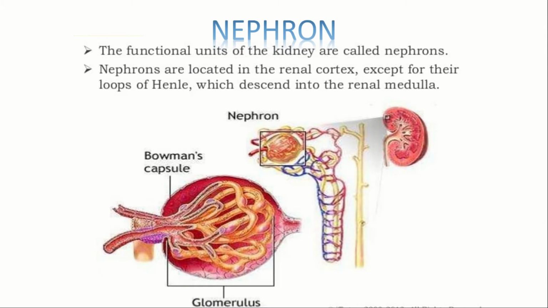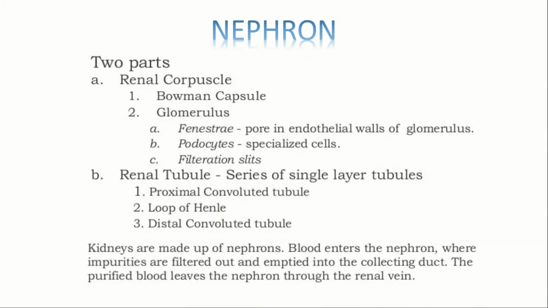This is the main functional unit of the kidney and it is called the nephron. Nephrons are located in the renal cortex except for their loops of Henle, which descend into the renal medulla. Let us know about the nephron in detail. There are two main parts in a nephron. Renal corpuscle consists of Bowman capsule and glomerulus.